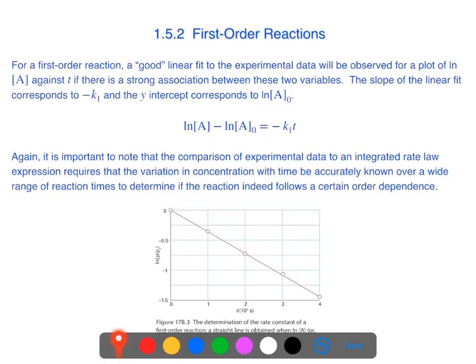Now, for a first order reaction, a good linear fit to the experimental data will be observed for a plot of the ln of the concentration of A against time if there is a strong association between these two variables.